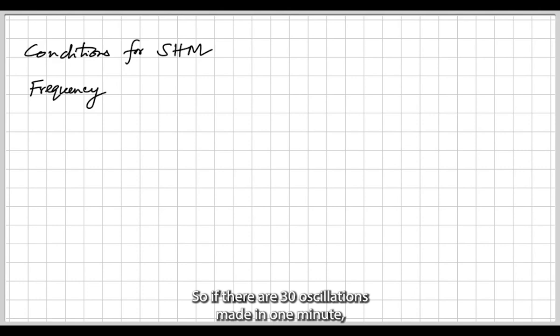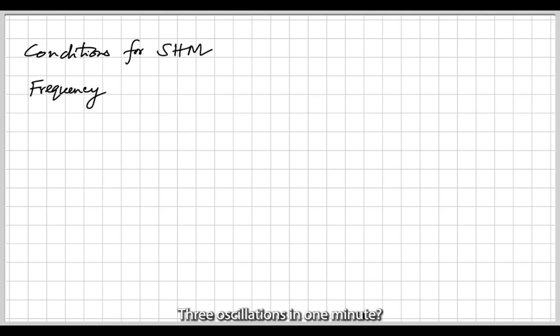What do you mean by frequency? Frequency is the number of oscillations in 1 second. So, if there are 30 oscillations made in 1 minute, what is the frequency? 30 oscillations in 1 minute means 30 oscillations in 60 seconds.